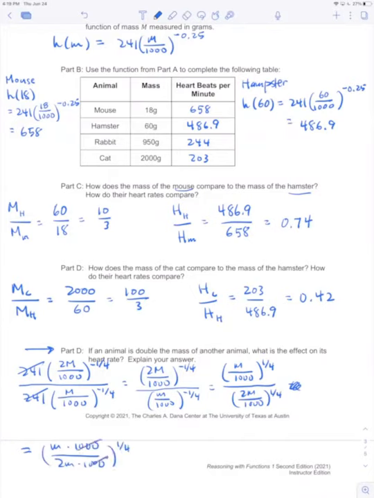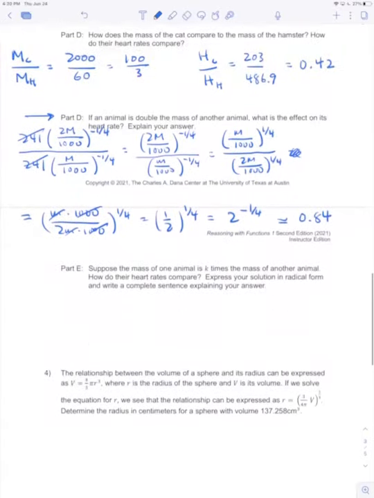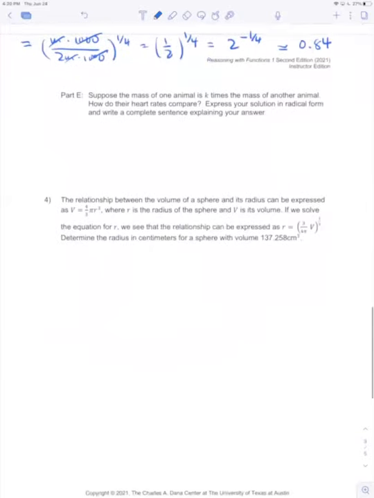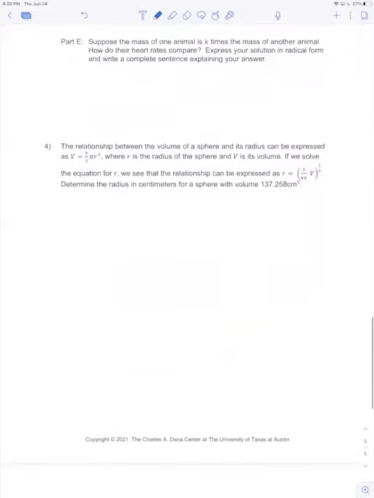Thousands go, the m's go. I'm left with 1/2 to the 1/4, and there's different ways we could write this. We could even write this as 2 to the -1/4 power, and that's approximately 0.84.